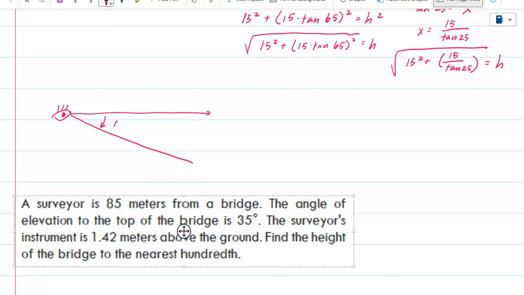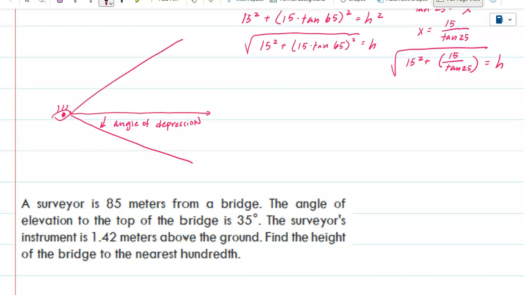So that is the angle of depression. So that's the measurement. Angle of elevation is the change of you looking at the horizon. This is looking at the horizon. And that's called the angle of elevation.